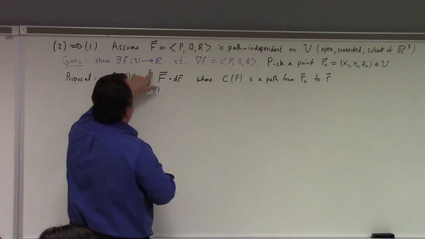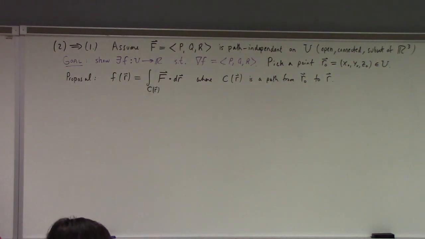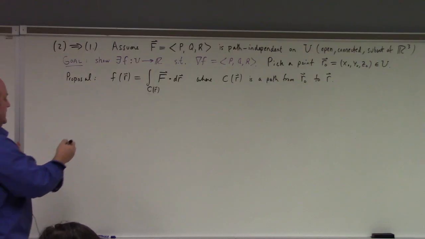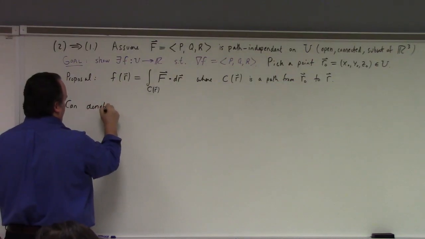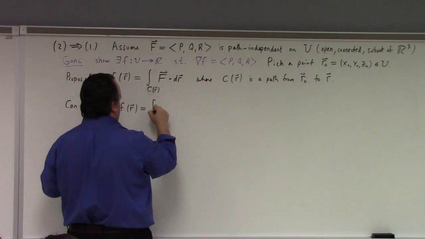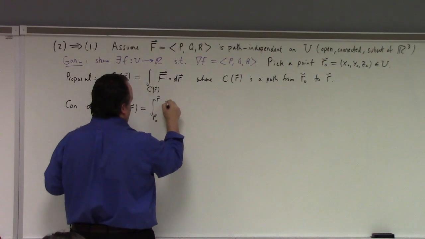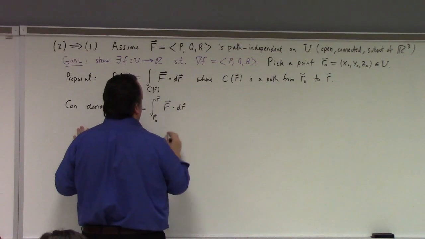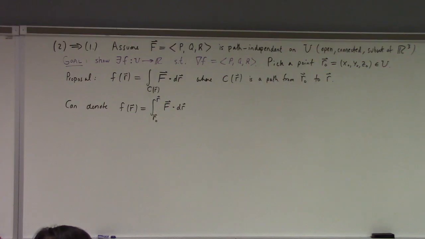And the thing is, we have path independence, right? So we can denote f of r as essentially the integral from r naught to r of F dot dr. Why is that? What I'm saying is, why is this single valued is my question.